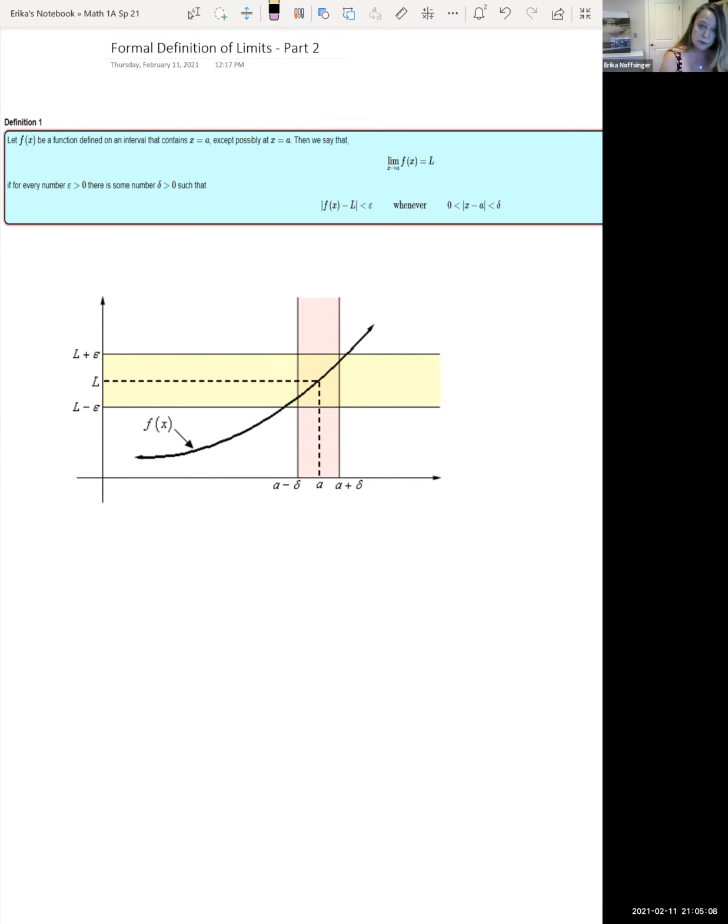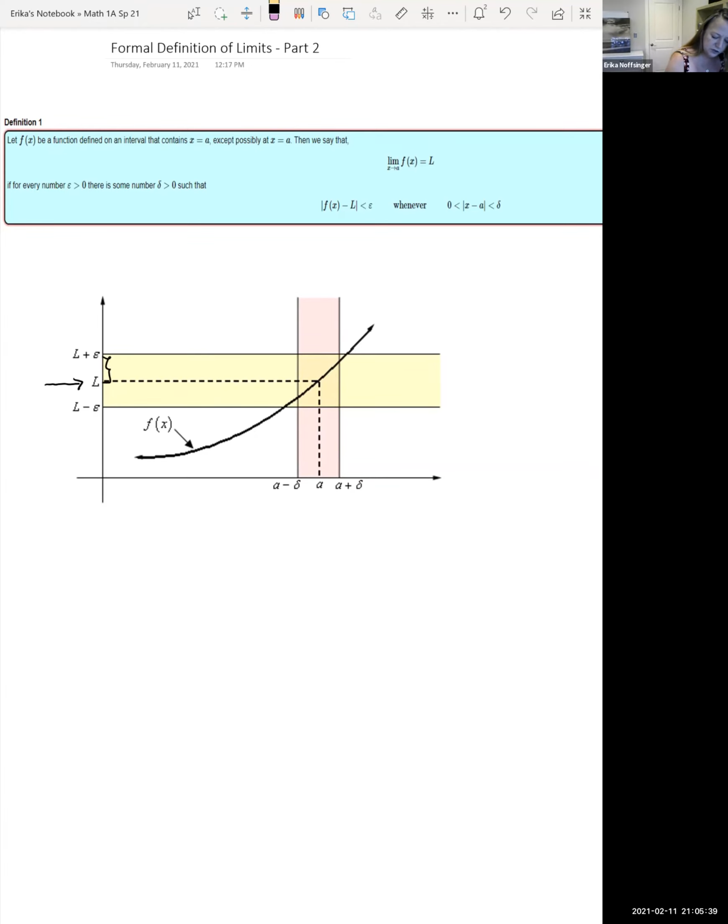Let's talk about this while we're going through. This would be our f of a, if it exists there. So it's that y value that we're getting closer and closer to. If we're looking at f of x minus L, this is our whole function f of x, and this has to be less than epsilon.